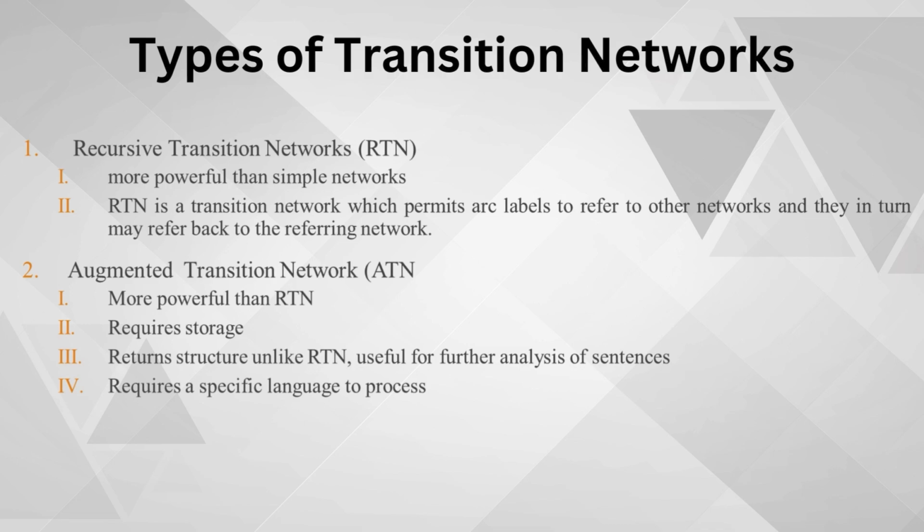Additional information was obtained using an augmented transition network, which is more powerful. It requires storage, but it also gives a structure as an output, which is helpful in semantic analysis. So, let us look into these networks one by one.